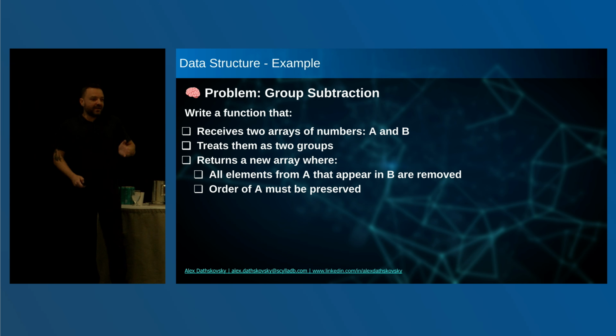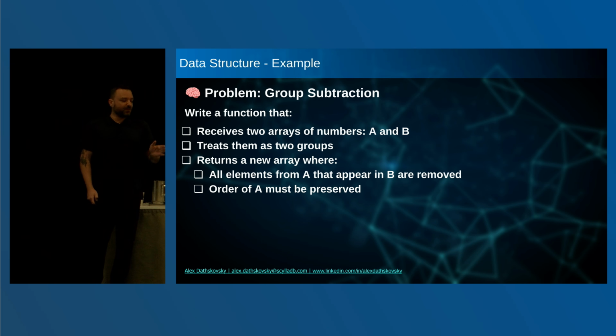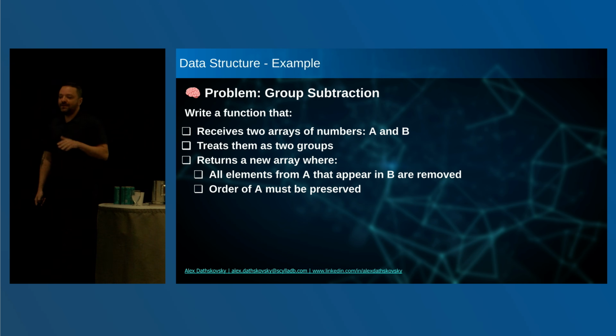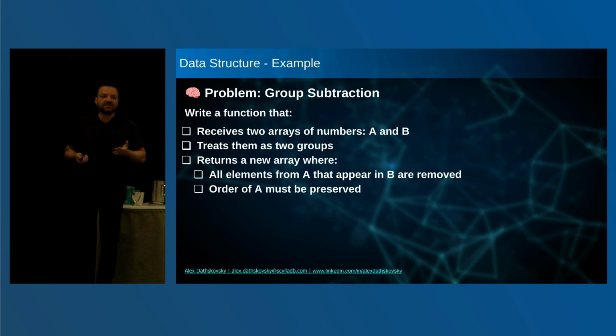And I want to show you a simple problem that I love asking during interviews that I'm conducting with people. And this simple problem makes people just get lost in the solution. And when you see the solution, you will understand it's really simple.